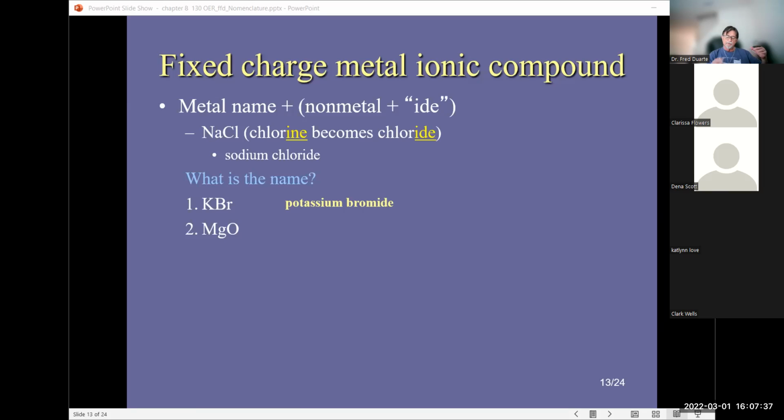Okay, we have Mg, which is magnesium, and now we have oxygen, which in ionic form becomes oxide. Now the term for oxygen, be it in an ionic compound or bonded in a covalent compound, remains oxide. So this is magnesium oxide, and if we were doing carbon dioxide, still oxide.